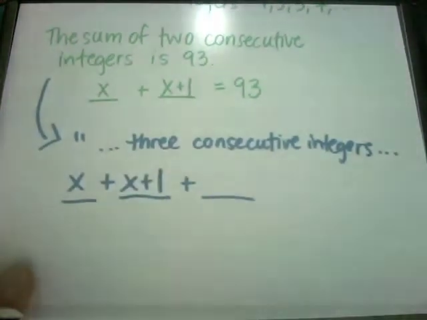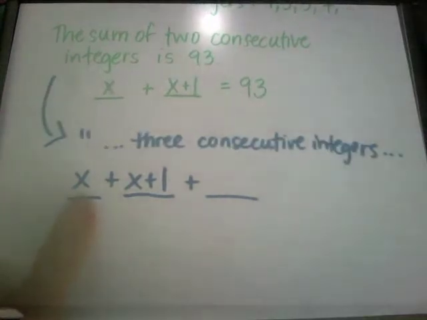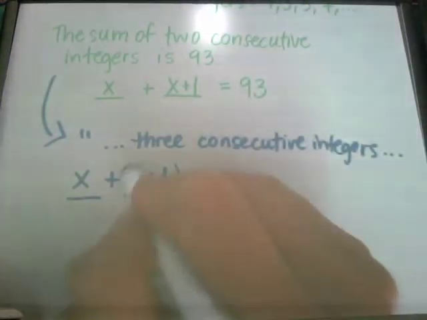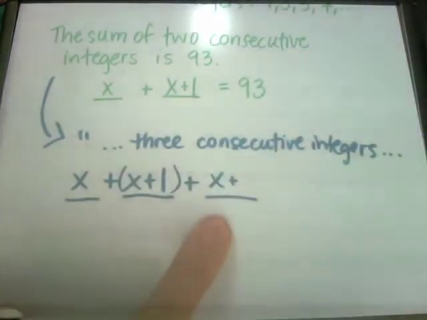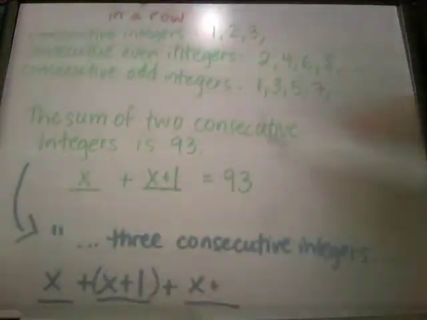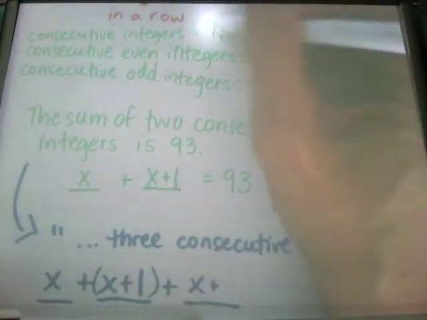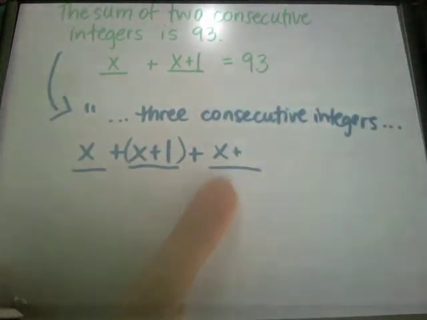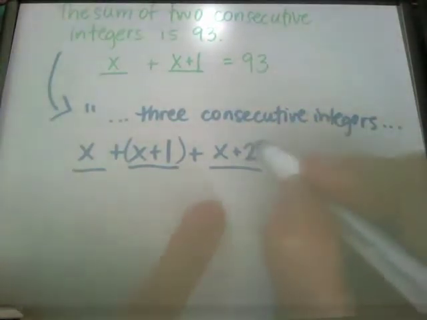Well, it would start the same way. Whatever the first number is, the next one's going to be 1 bigger than the original. What's the next one going to be? And again, if you're not sure, look back at my sample numbers. We always start with the original one. The next one would be increased from the original, Vincent, plus 2.